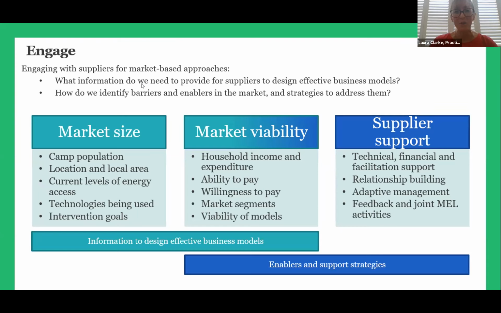The way that we supported the suppliers to do that, as I say, was through a package of technical, financial and facilitation support, building that relationship with the suppliers and working on an adaptive management relationship with them, making sure that we were feeding back and doing joint MEL activities together to adapt our business models and our approach and make adjustments as we went along.